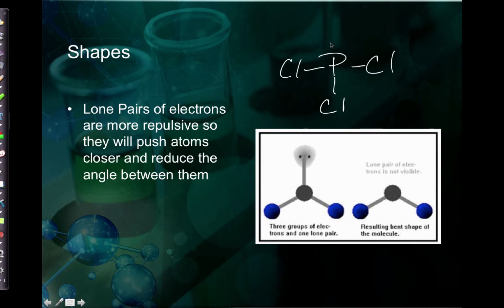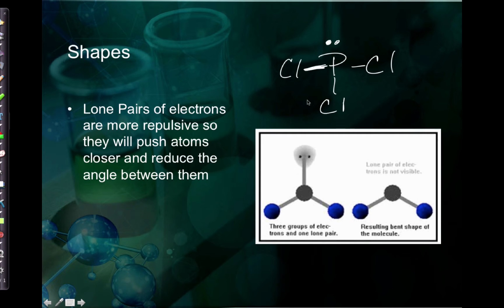So if I have this molecule here, this would be a lone pair. And the bonding pairs would be the pairs that are being shared in between the atoms. When we're determining shape, we're really just looking at the central atom here. You're going to count how many lone pairs and bonding pairs you have.